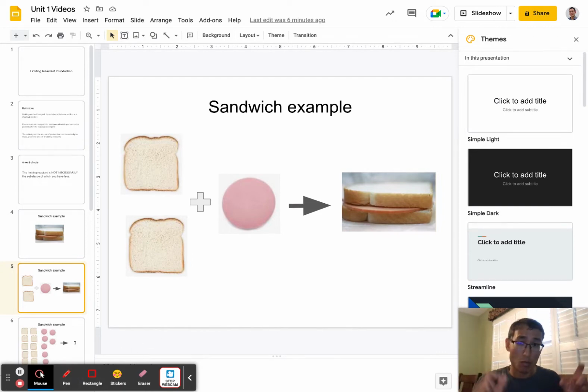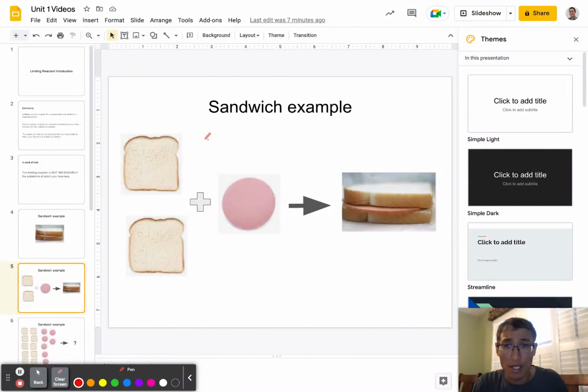And if I take my reactants here, my reactants are always on the left hand side. I have bread, I have bologna, and my product in this case is going to be the bologna sandwich. So my equation is going to be two slices of bread plus one bologna give me one sandwich.